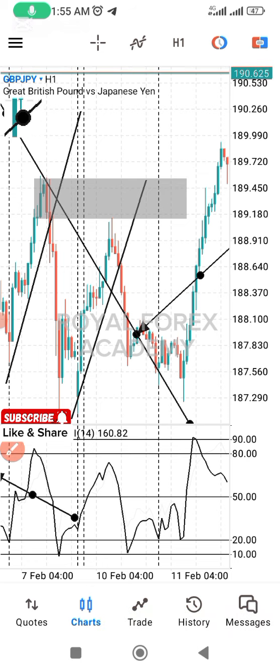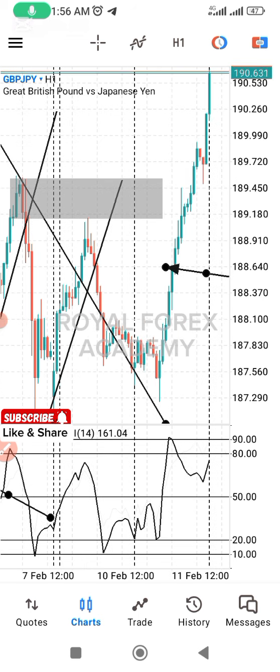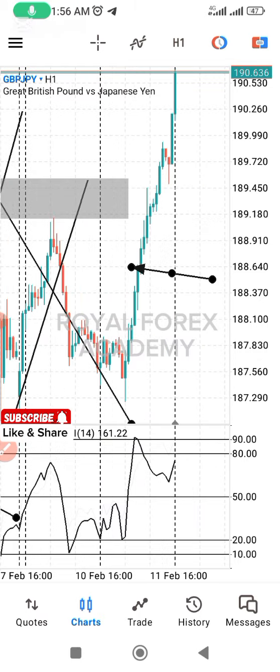Price came back to this trend line, break out of it, retest it. You can see that. And then we have this particular candlestick formation, this rejection, and that is how price move to the upside.